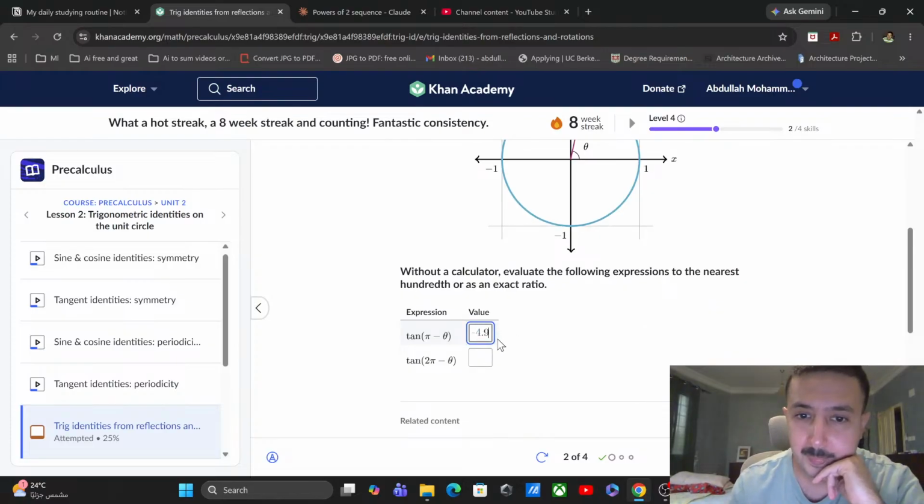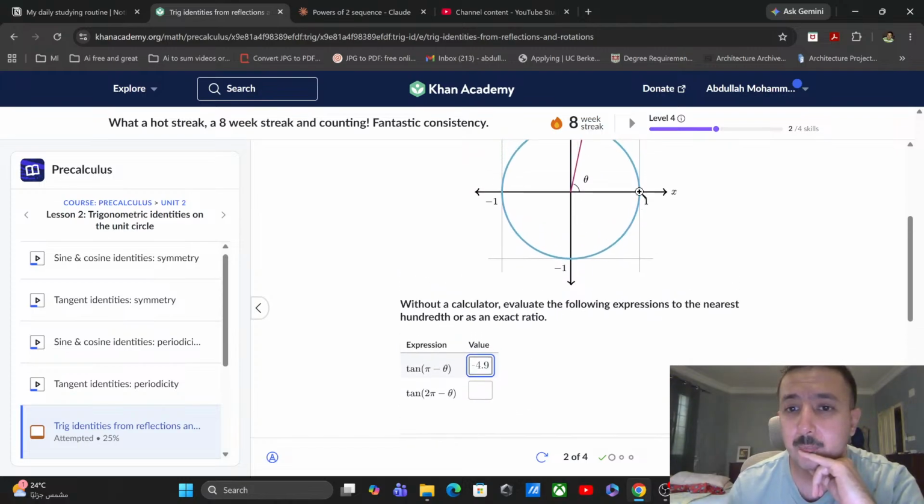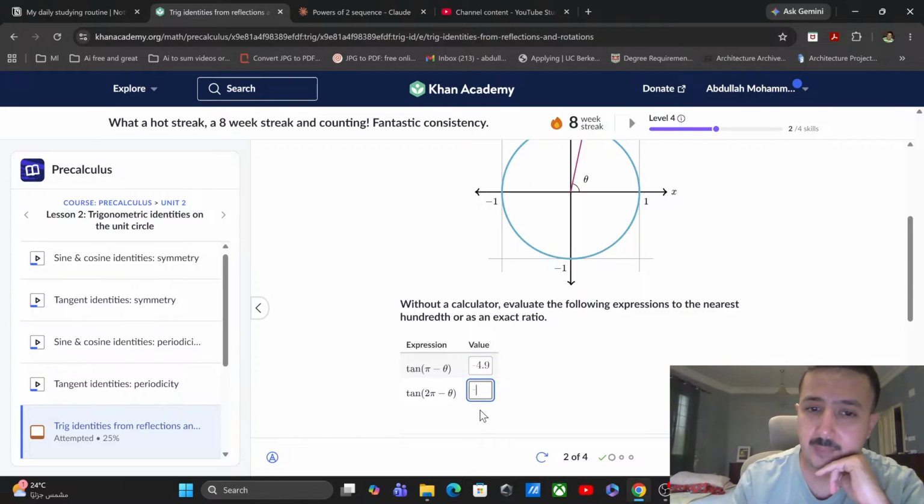Okay, tan 2 pi minus theta, this is gonna be here, minus theta is gonna be here, so the x is positive and the y is negative, which is gonna leave me with minus 4.9.